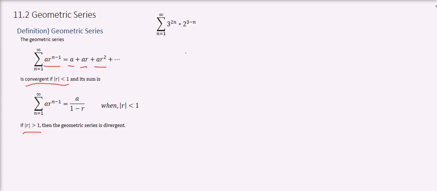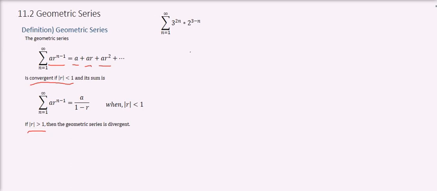So looking at the example we have here, let's start off by writing out a series of terms like our definition is, see if we can find our pattern, and identify what our a and our r is. So with this series, if you write out a couple of terms, let's first start off with n equals 1.